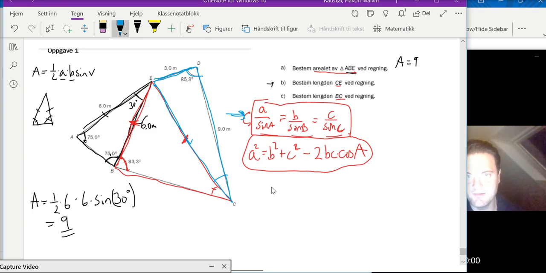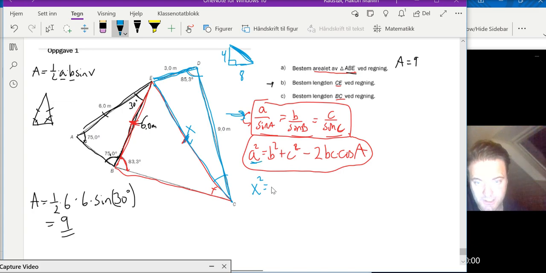But if you know two sides, we nearly always can use the cosine rule. Remember that Pythagoras says that if you know two sides of a right angle triangle, we can always use Pythagoras to find the third one. If we know two sides in a triangle which is not right angled, we can nearly always find the third one by using the cosine rule. So I want to find this side, call this x here. So I write x squared here.